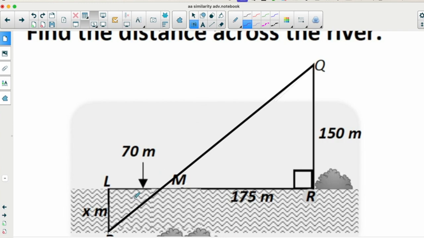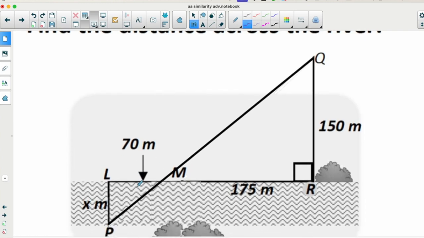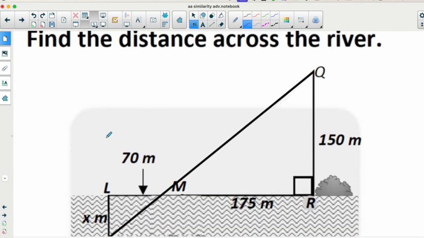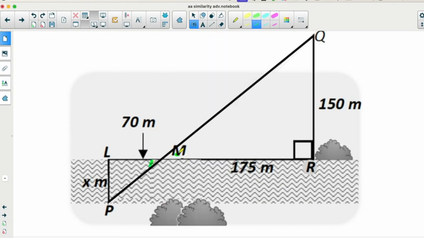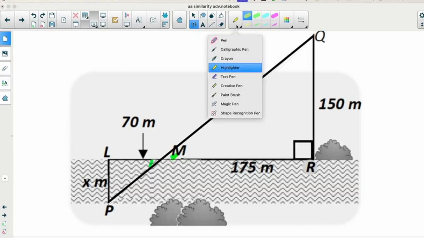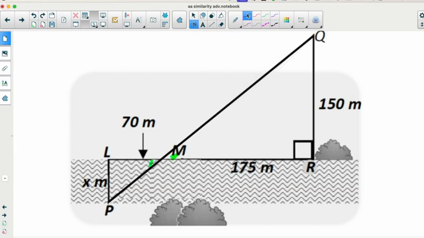And here's an example of a problem where we might use this. We have a pond that we're trying to find the distance across the pond here, x. And so the angle down here, M, is going to be the same. And we have our right angle. So I'm going to redraw my triangles. You don't have to, but I find it helpful.